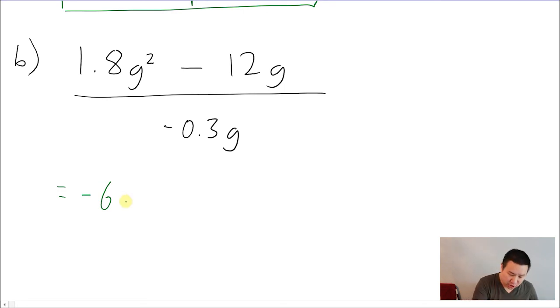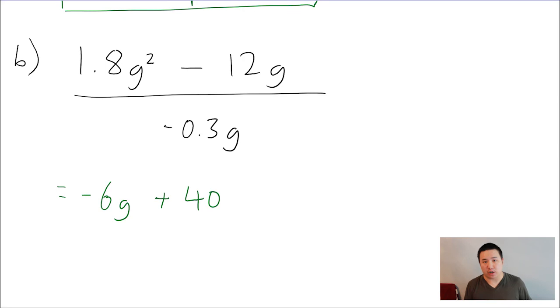That just gives me g. And then the next term, negative 12g divided by negative 0.3g, turns out to be positive 40. So you still apply the exact same principle. Coefficients divided by coefficients, variables divided by variables, and then you are done.